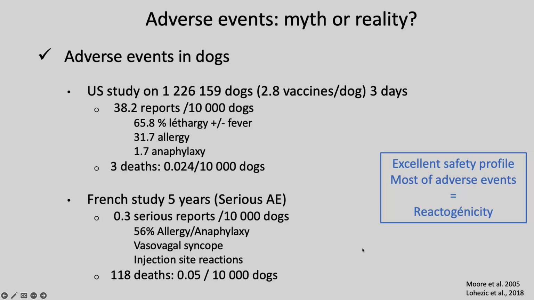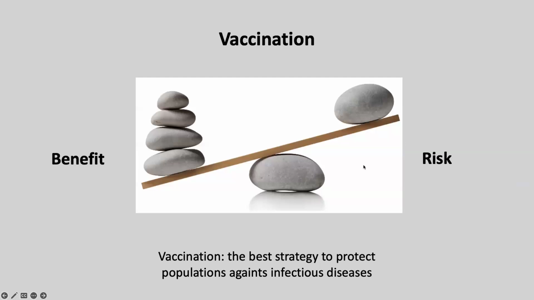So globally, to summarize, we have the chance to have good vaccines to protect dogs against deadly disease. We know that the benefits are much, much higher than the risk associated with the vaccinations. And I'm sure that you're convinced that vaccination is the best strategy to protect populations against infectious disease.